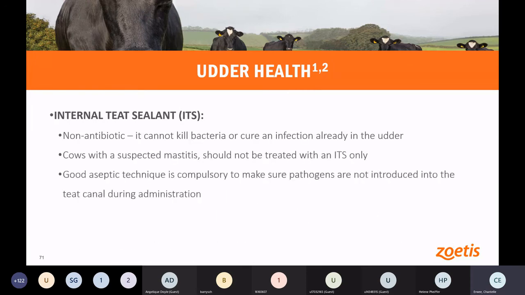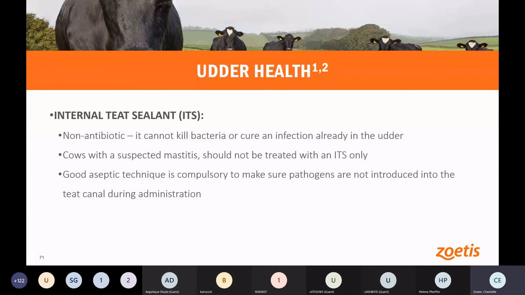Right, so like I said, it does not have an antibiotic function. It can't kill bacteria or cure an infection that is already in the udder. It's purely a physical barrier to environmental bacteria from entering that teat canal, especially in animals that don't form a keratin plug.